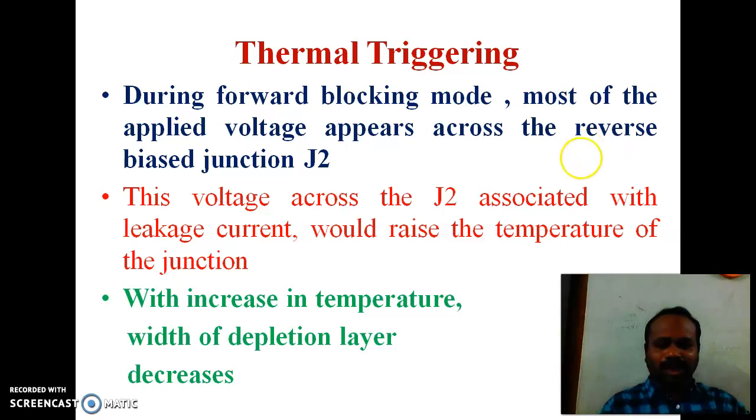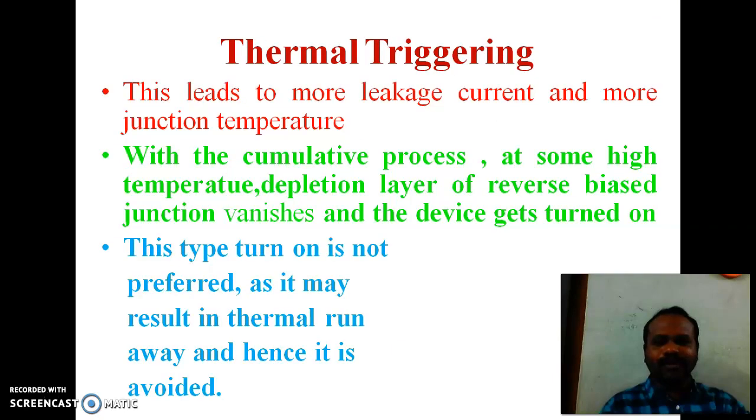This leakage current will raise the temperature of the junction. When the temperature of the junction increases, it leads to a decrease of the depletion layer. A decrease in depletion layer leads to more leakage current and more junction temperature.